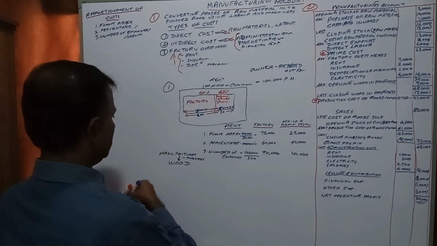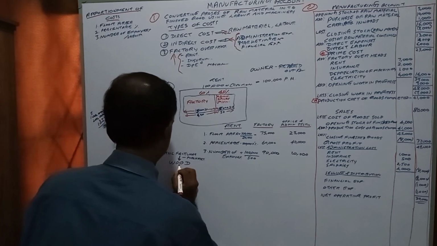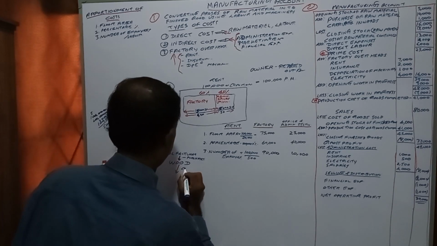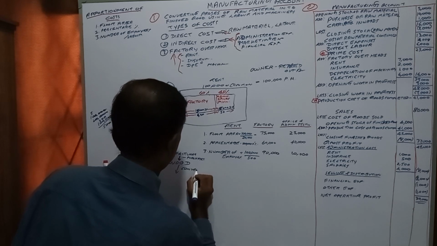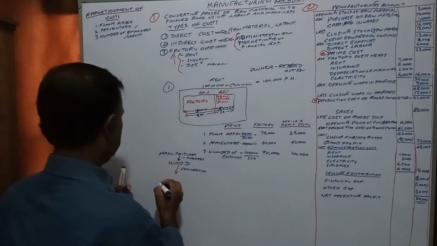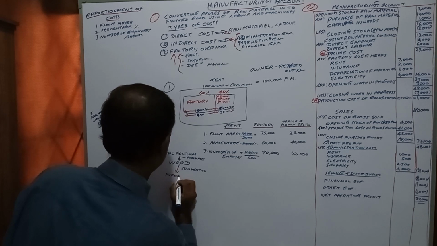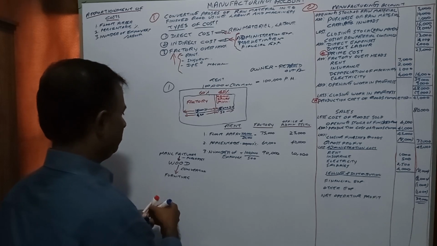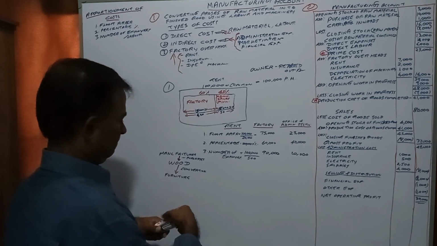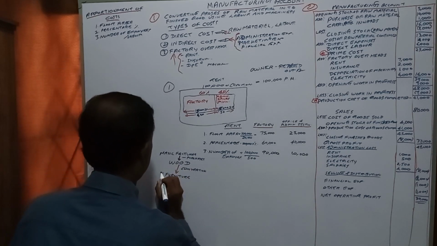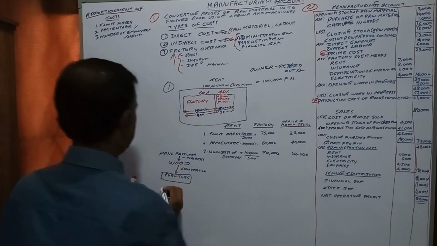Then the second part takes place, which is processing, the conversion of wood to furniture. Then he makes the sales. Furniture is the final product.